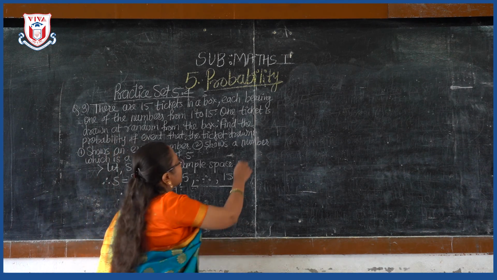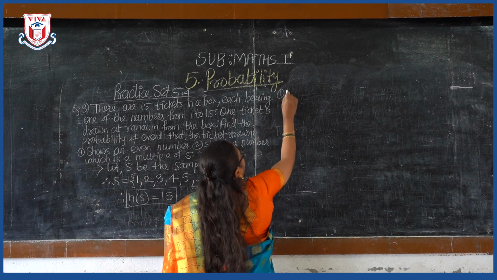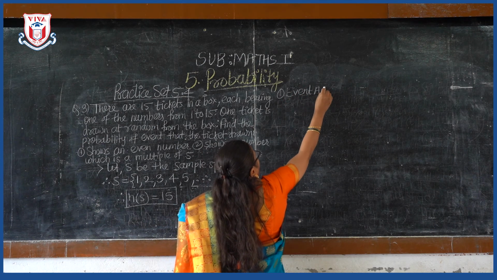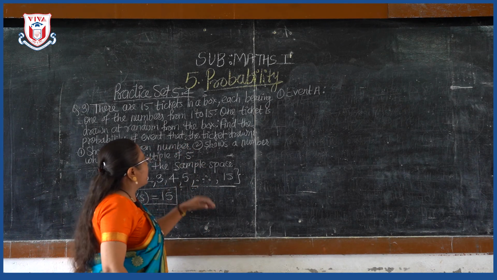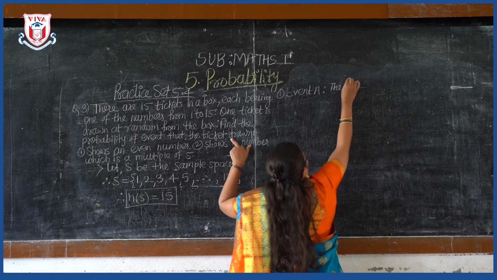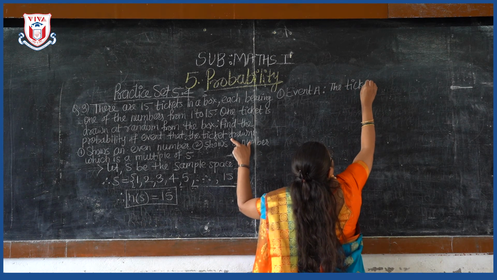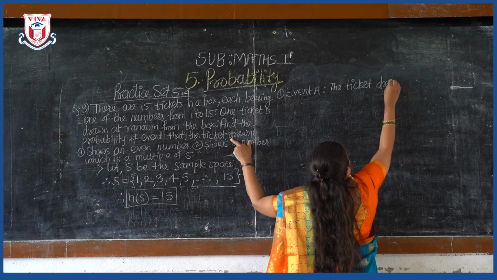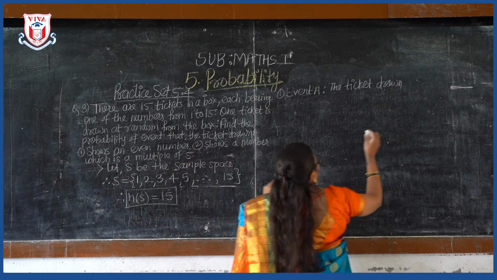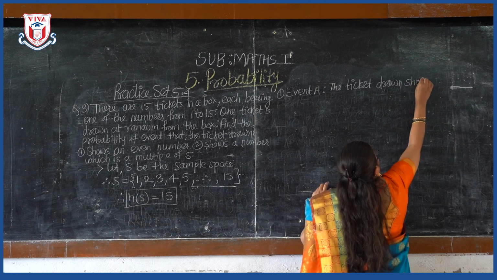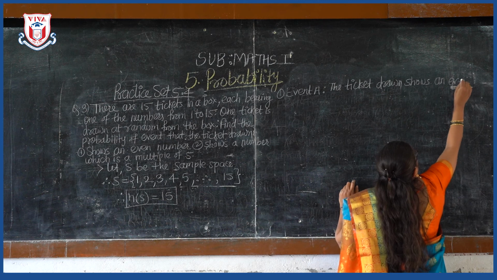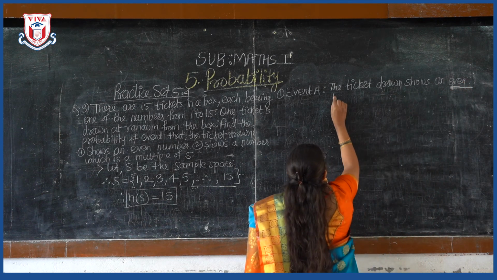Let's take the first event. Event A. Condition for event is the ticket drawn shows an even number.